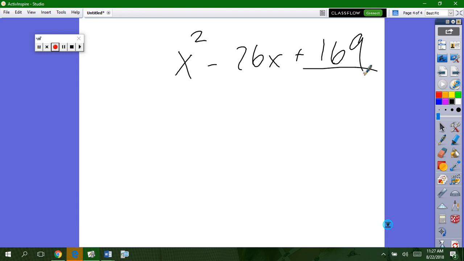So that fills the blank, right? And then, correct, what would this be as my binomial squared? There it is. So if I can go to here, then I can make him into a binomial squared, which actually makes it easier to solve. Okay? Is everybody with me on that?